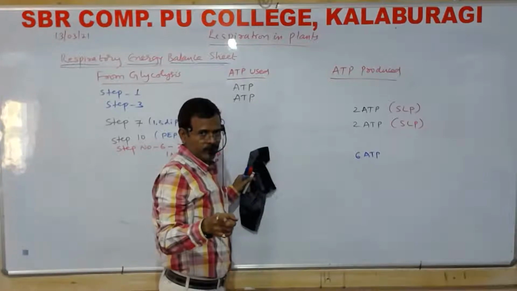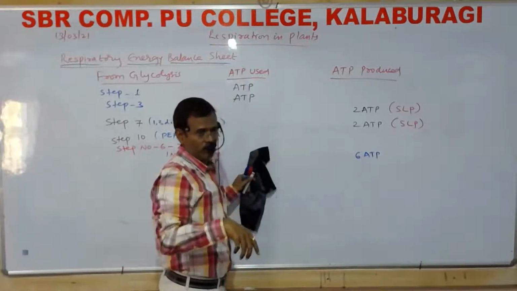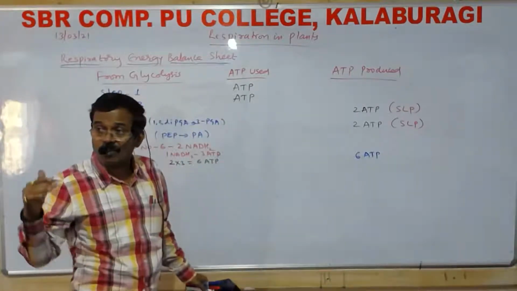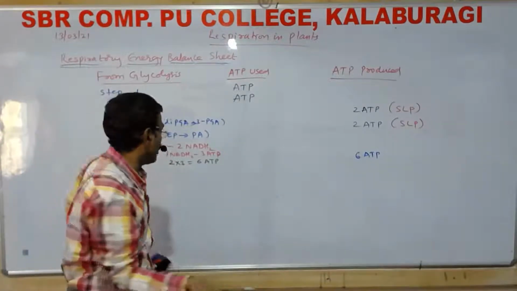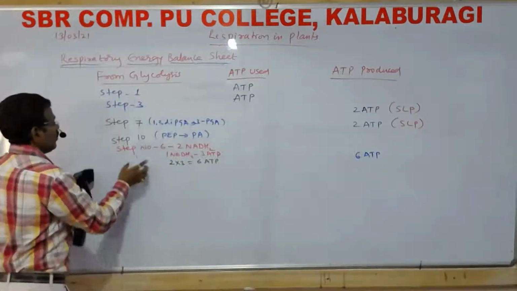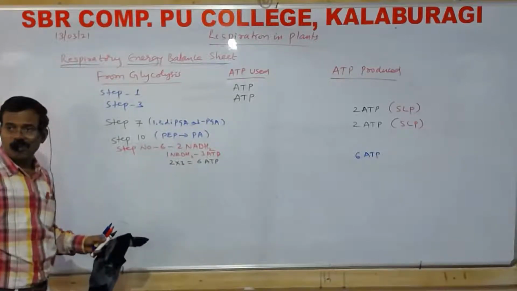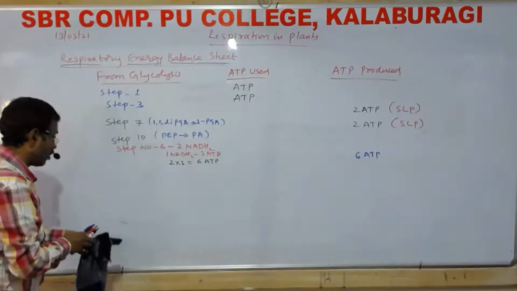Total 8 ATP contributed from glycolysis after the electron transport system. Remember that. Now, see this cytosolic NADH2. I told you in the previous class, it will undergo shuttle. I will tell that again afterwards.